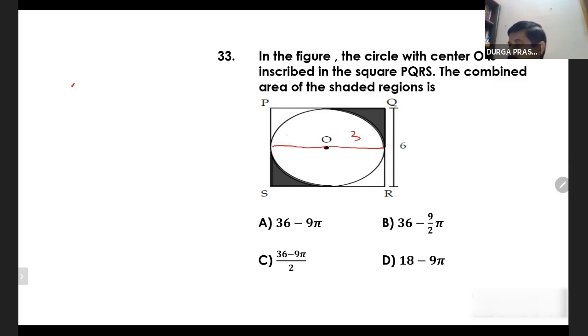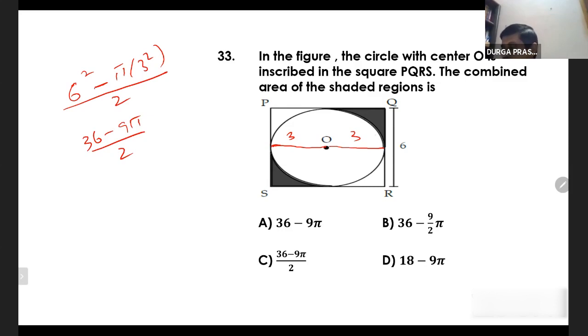So area of the shaded region is 36 minus pi r square, by 2, because we'll get 4 such areas, but now we are taking half. So 36 minus 9 pi by 2, because out of 4 areas, he asked only 2 areas, not 4. So that's why we are taking it as half. So option C.